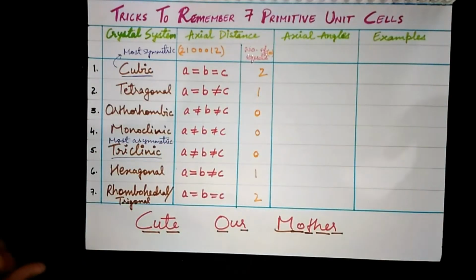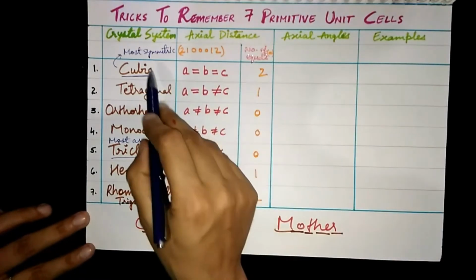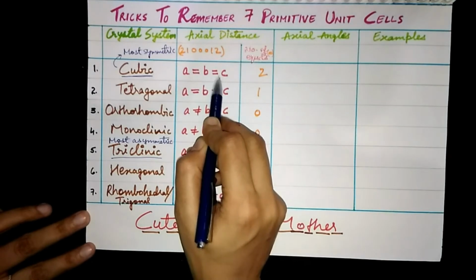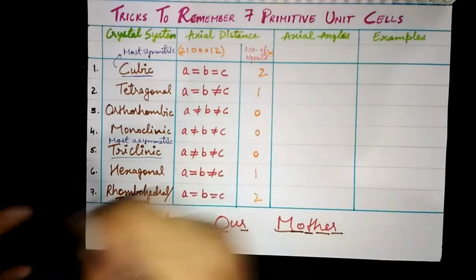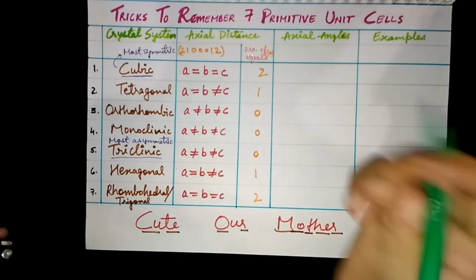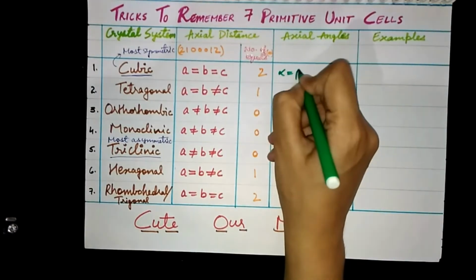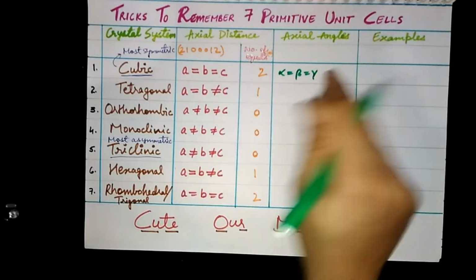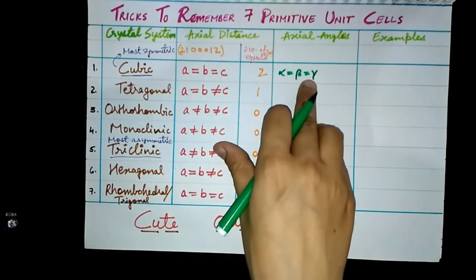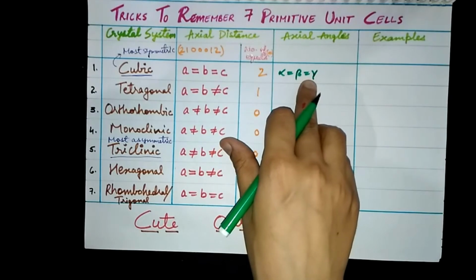So by this you can firstly write most symmetric, that means A equal to B equal to C. And for axial angle also you can write that alpha equal to beta equal to gamma. Since it is most symmetric, everything will be equal.